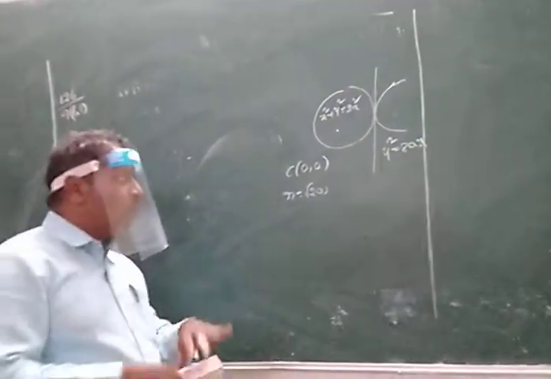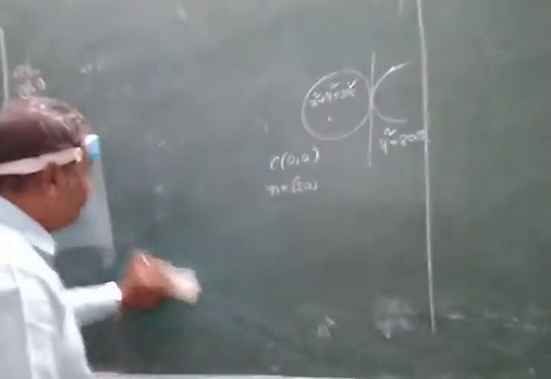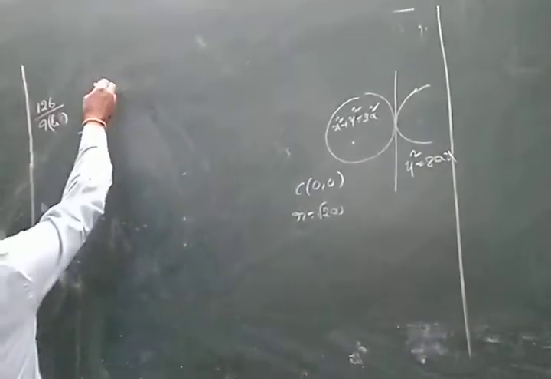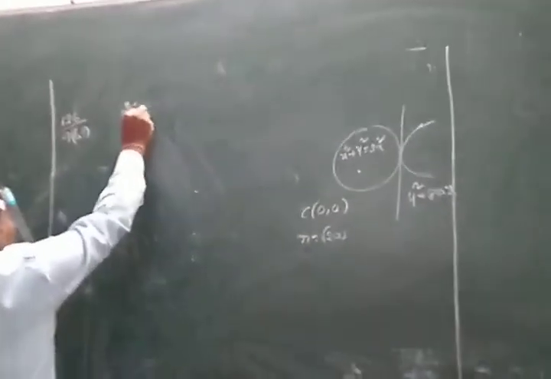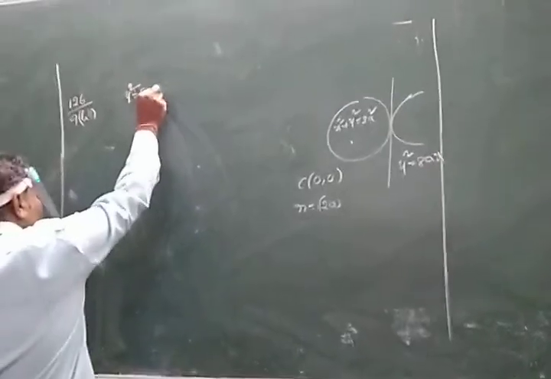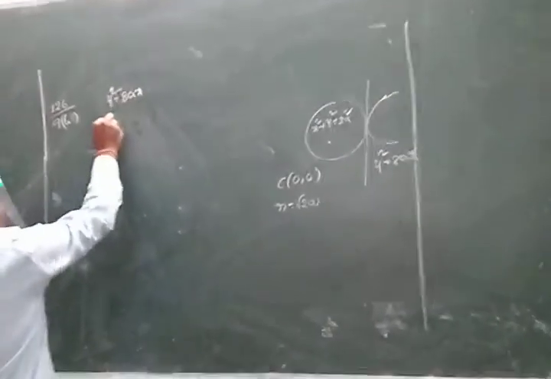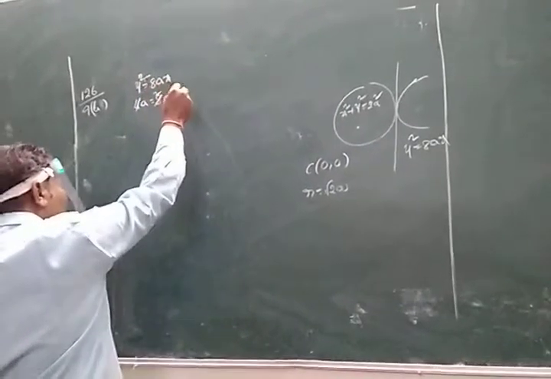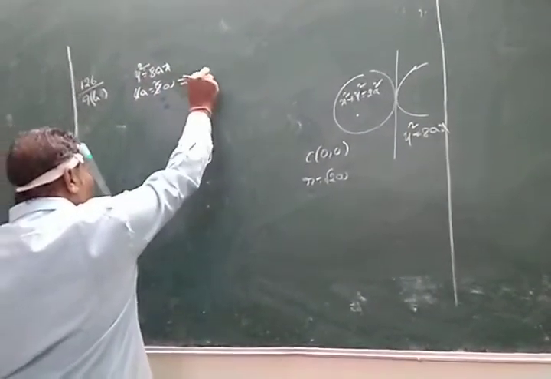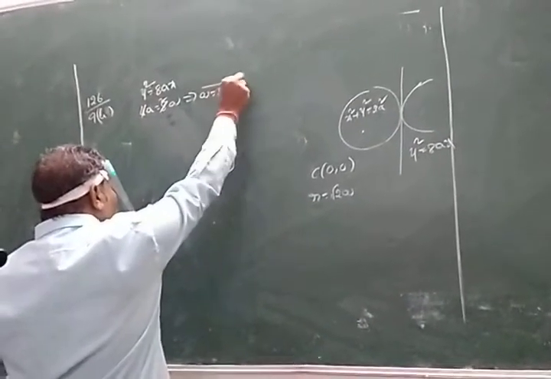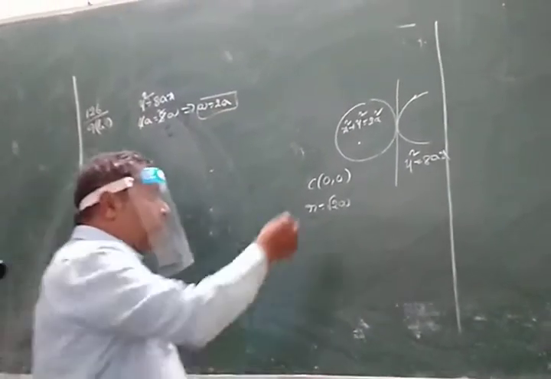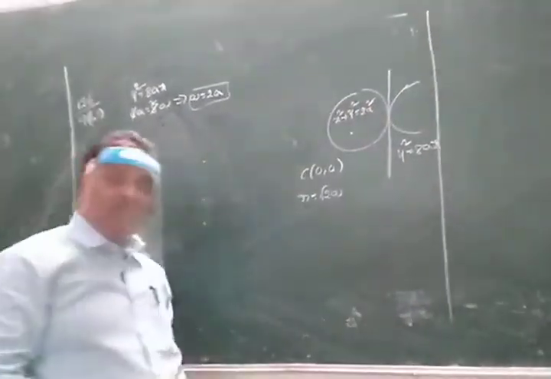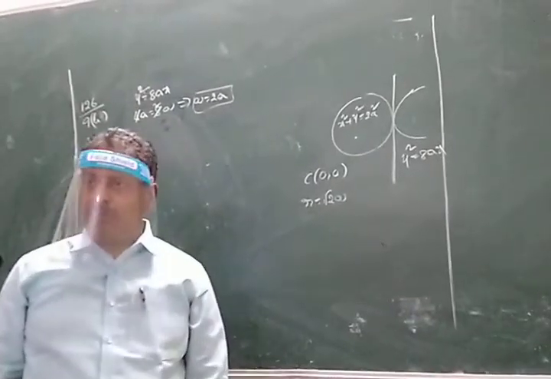First listen carefully. Given parabola is y square equal to 8ax. 4a value is 8a, 4 and 4 cancel, so a value is 2a. We take the equation of the tangent in the slope form.